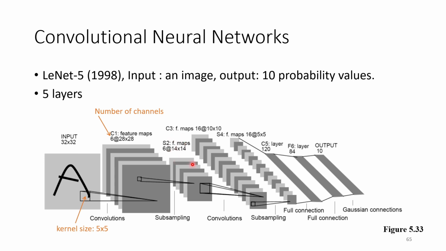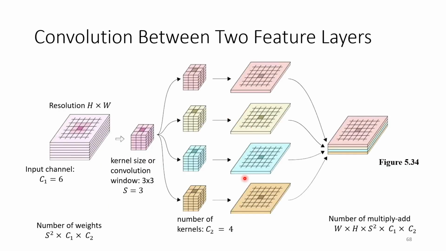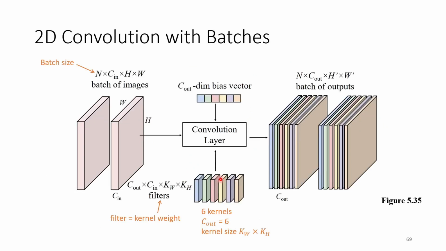And then it applied 16 convolution kernels to the second layer. So you generate the second layer. There are 16 channels, and for each channel, the resolution is 10 by 10.